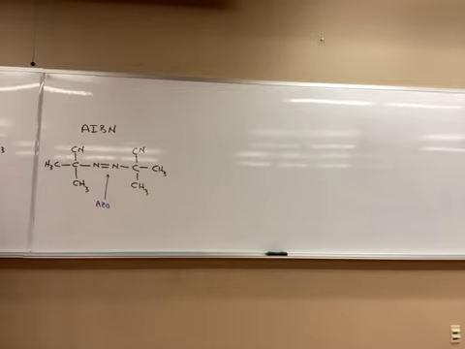Azo is an N double bonded to an N. That's called an azo. So it's azo, bis, isobutyl, nitrile. Okay, CN is a nitrile. So that's where the AIBN comes from, that's its name.